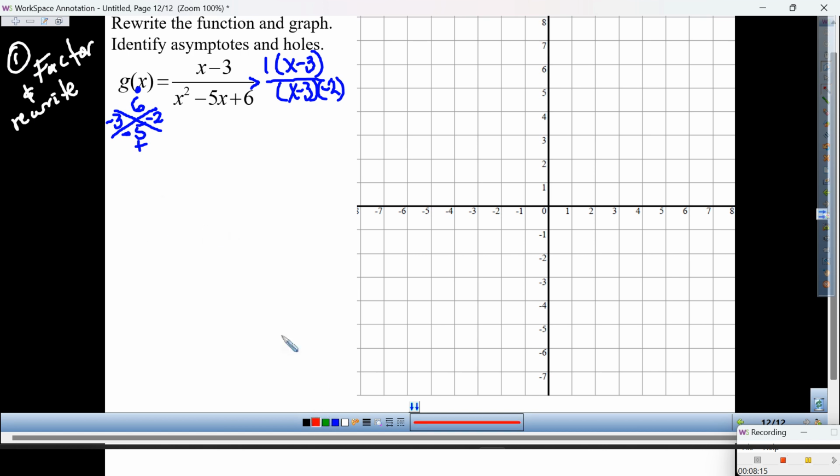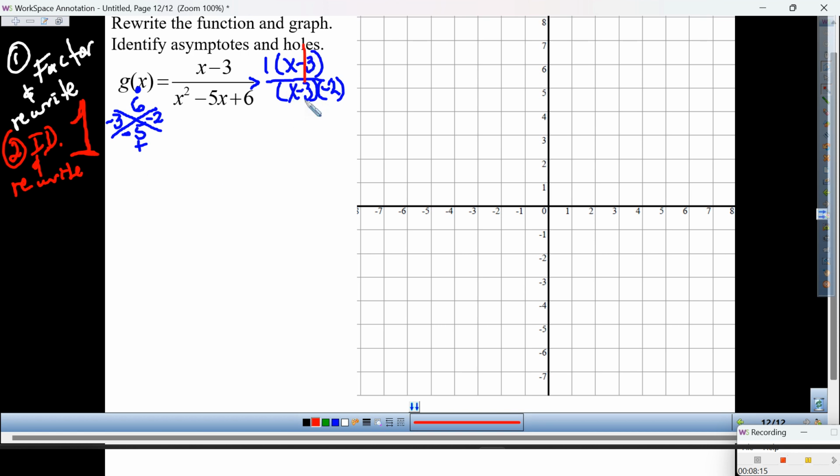Step 2, ID. Tell your neighbor what that means. ID a giant 1. See if they remember. And then rewrite. Do you guys see the giant 1 there?